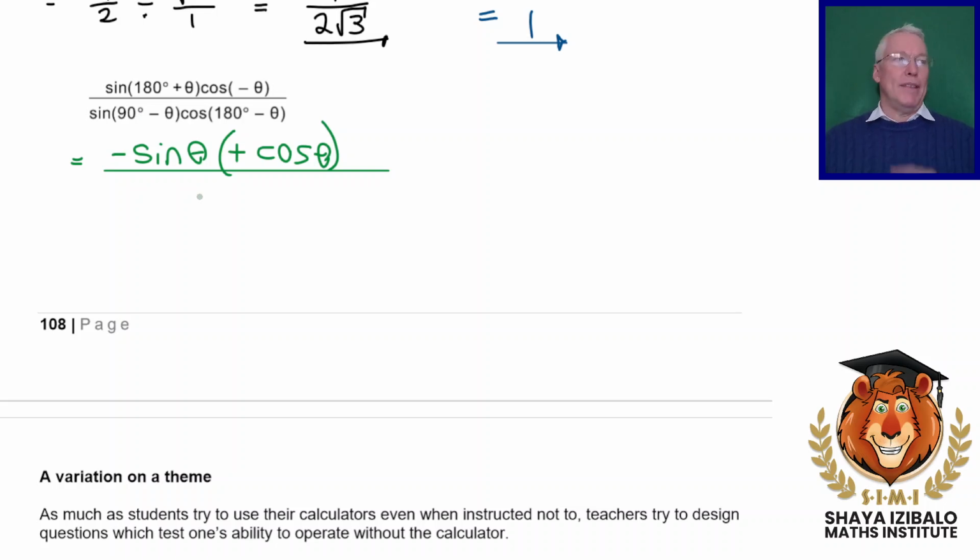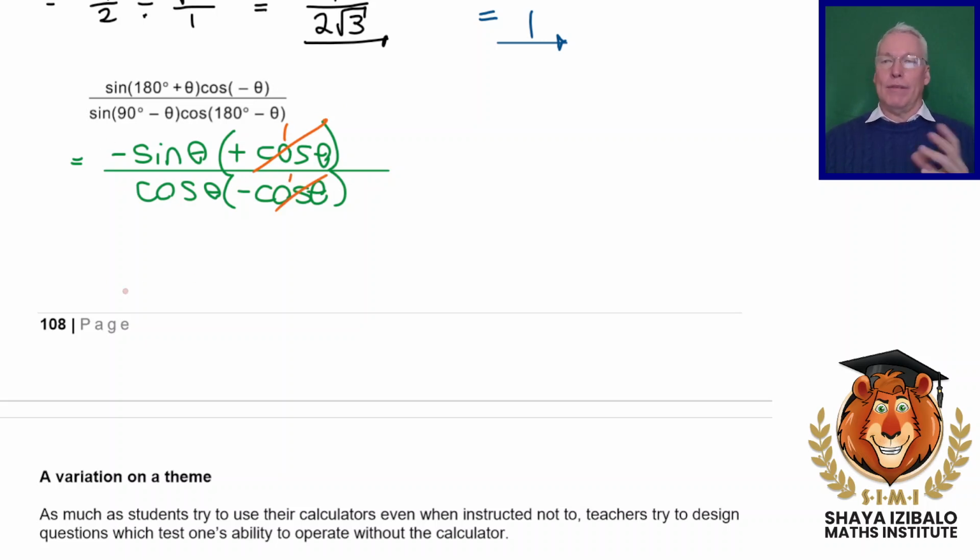Sine of 90 minus theta, we're in quadrant 1. Sine's positive in quadrant 1. We come off a vertical axis, cos theta. And cos of 180 minus theta, we're in quadrant 2, off a horizontal axis, negative cos theta. Okay, and what's going to happen here is that a cos is going to divide out with a cos.